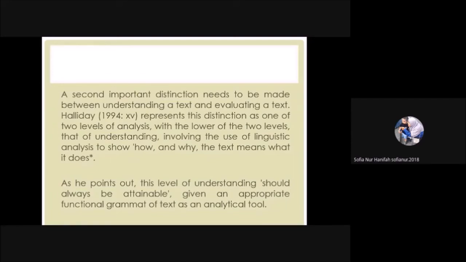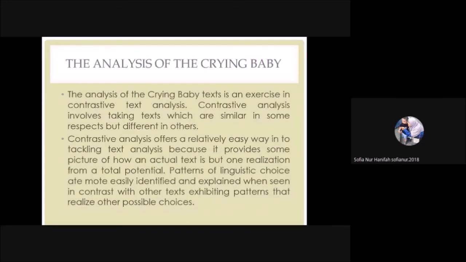As he points out, this level of understanding should always be attainable given an appropriate functional grammar of text as an analytical tool. The next one is presented by Wahyu.